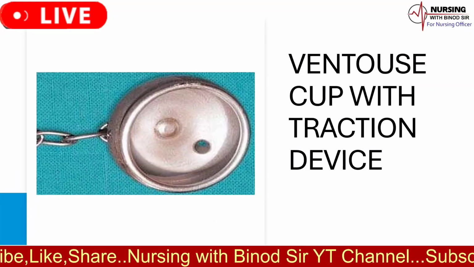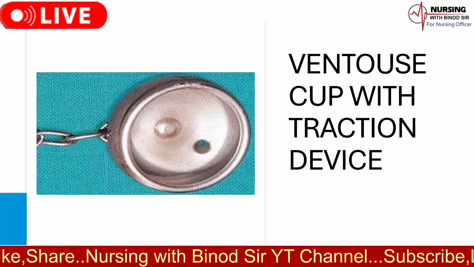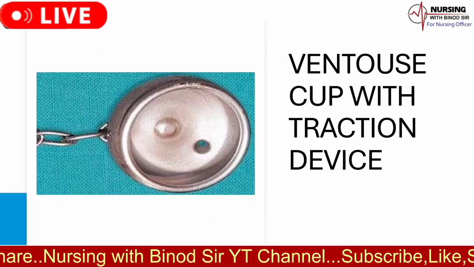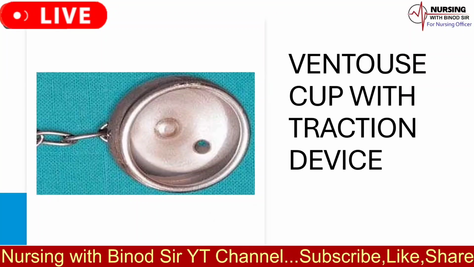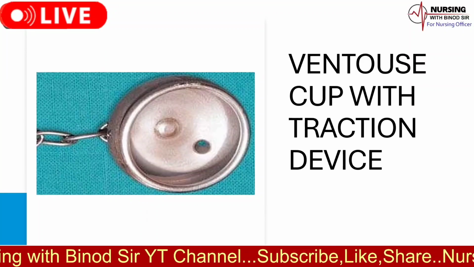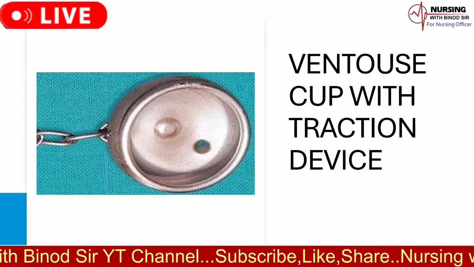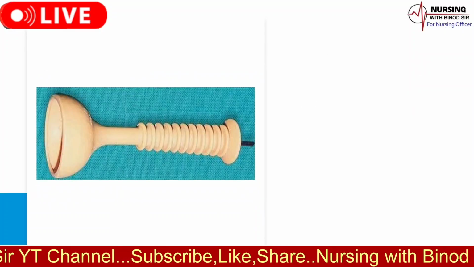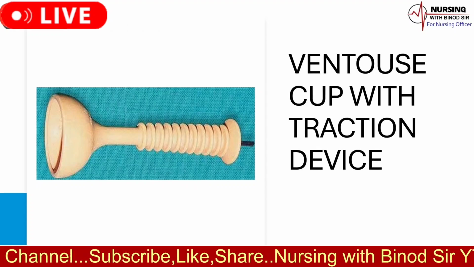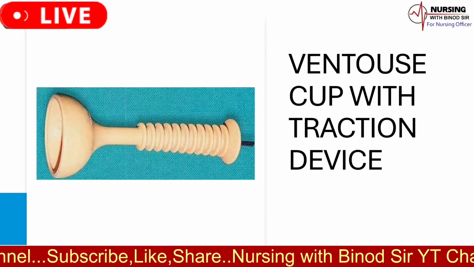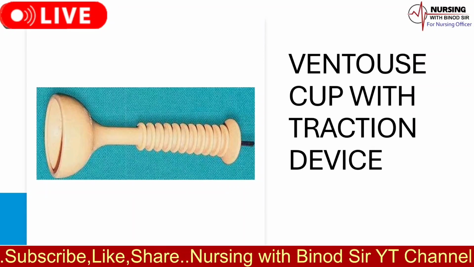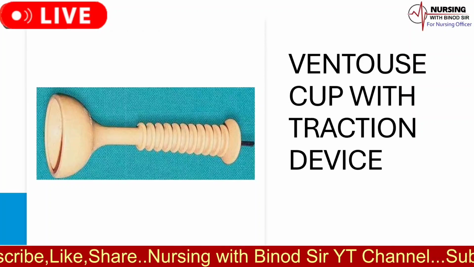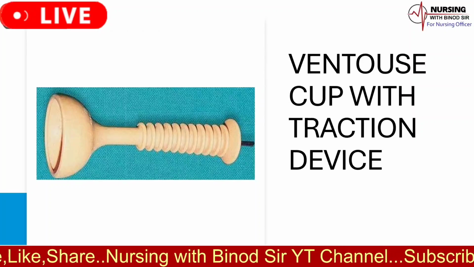This device assists mothers who become exhausted during labor, helping to avoid further complications. 5. Minimizing perineal tears. Compared to forceps, the ventouse cup often results in fewer perineal tears and a lower risk of maternal trauma. 6. Controlled traction. It allows controlled and gentle traction to guide the baby's head through the birth canal.